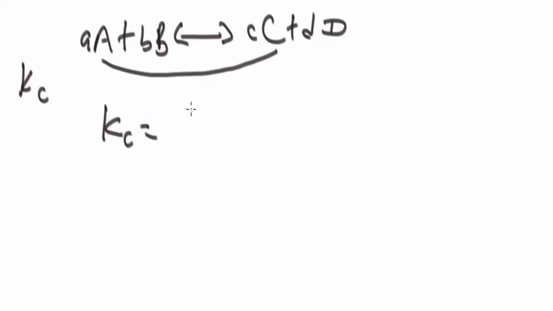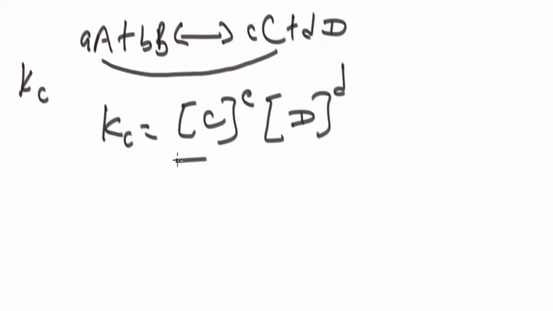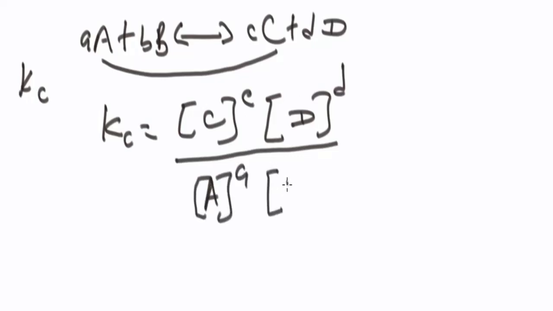So we're going to have C raised to its coefficient multiplied by D raised to its coefficient, over A raised to its coefficient times reactant B raised to its coefficient.